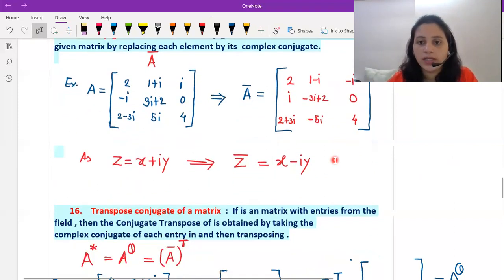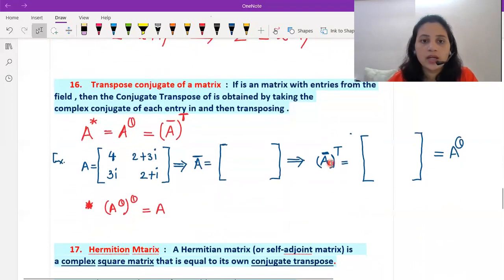Okay, now next, transpose conjugate of a matrix. Now again, this name itself suggests what we are going to do, right? So if a matrix has entries, or you can say elements, from the field, then the conjugate transpose of it is obtained by taking the complex conjugate of each entry and then transposing. Okay, so what it indicates? It suggests transpose conjugate.